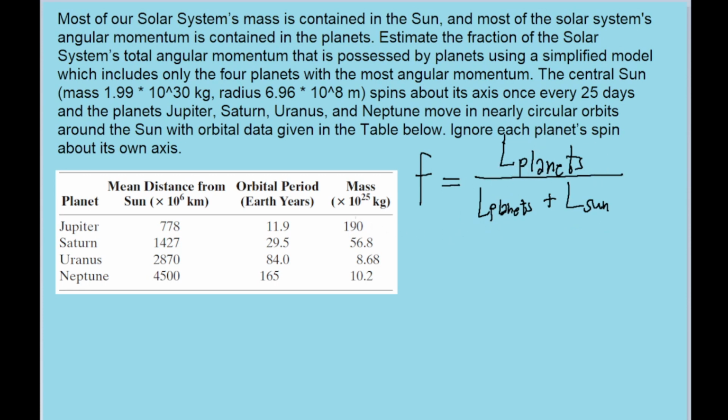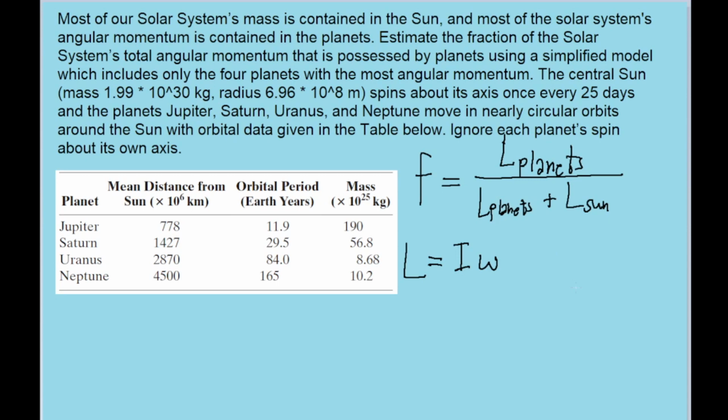And we're going to estimate that ratio using a sample of just 4 of the planets here. So that's what we're going to do. I'm going to go over a few basic equations we'll need to use. First off, the angular momentum of a body is equal to its moment of inertia, I, times its angular velocity, omega.